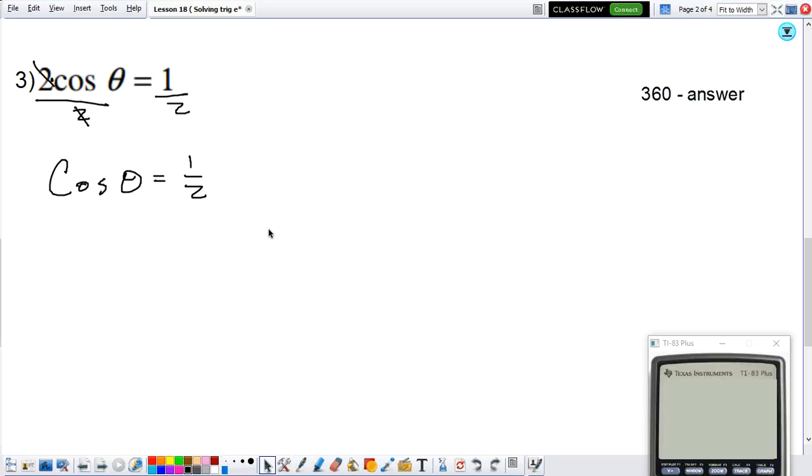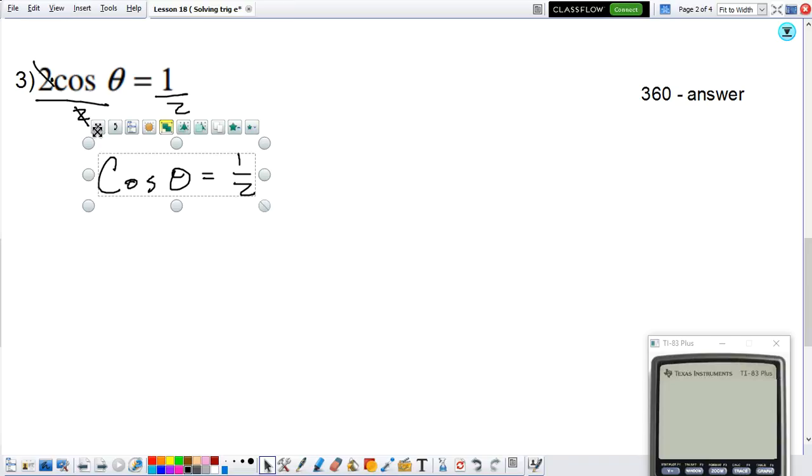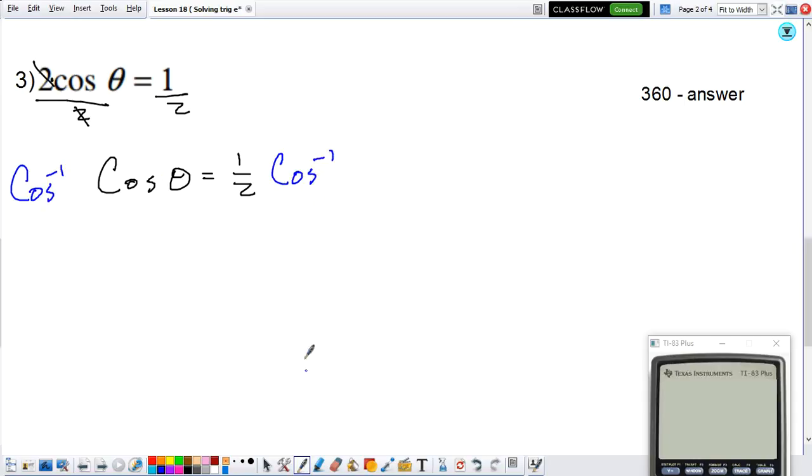Now we're not going to multiply by the sine inverse, but we're going to multiply by the cosine inverse, because that way they will cancel out. And now we have that theta is equal to cosine inverse of 1/2.